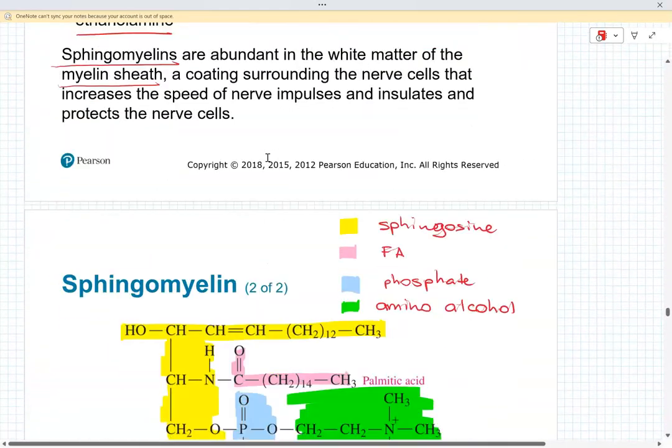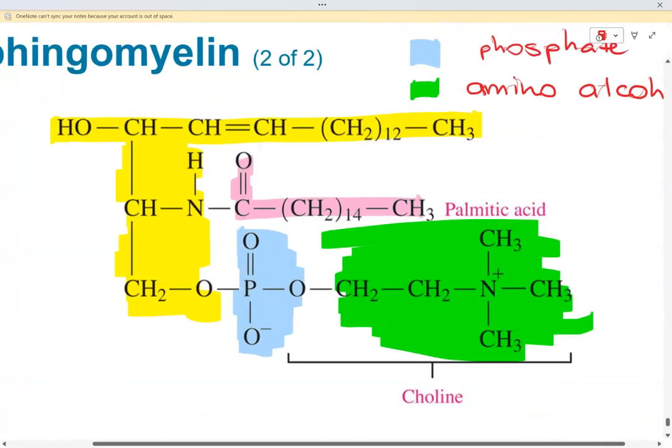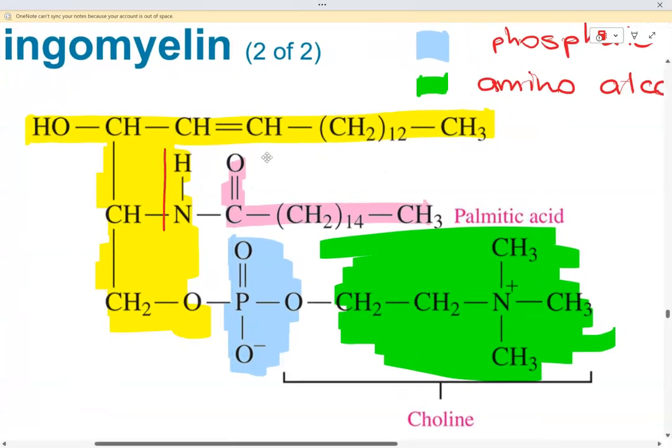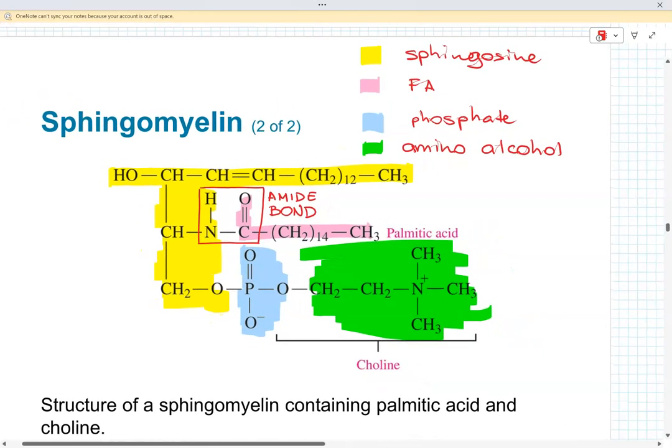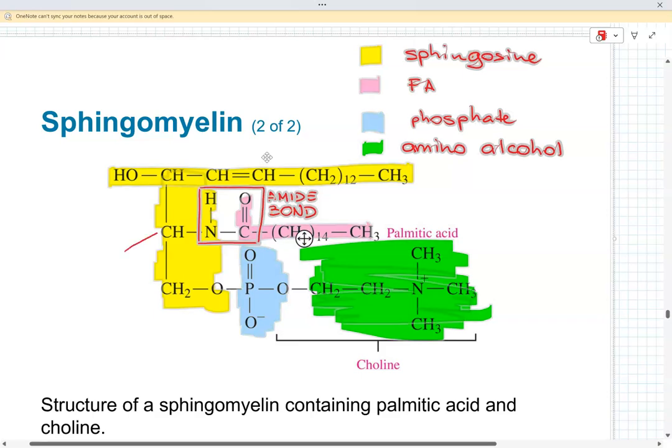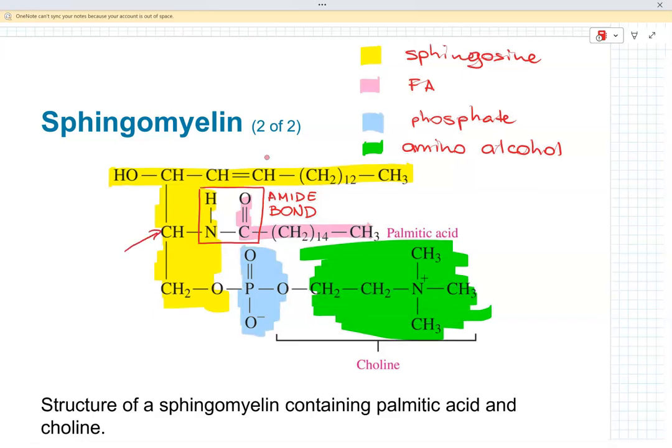When you look at sphingomyelin, this bond is an amide bond. Making sense? All good? You can see there is a small difference. Instead of OH at this carbon, it's NH.